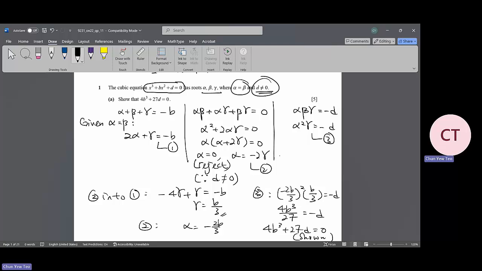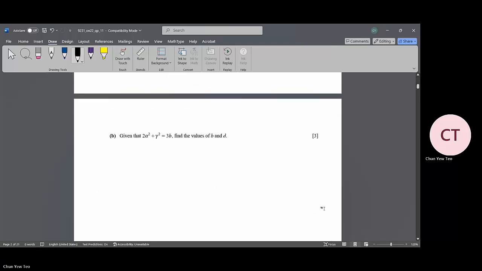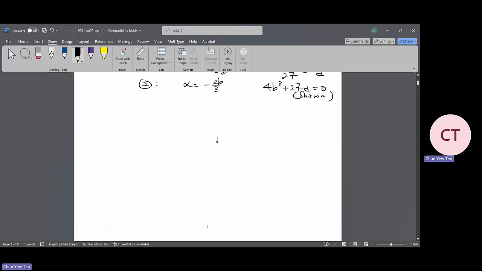Now we move on to part B. They give you another relationship: 2 alpha squared plus gamma squared equals 3b. From part A, what is alpha?